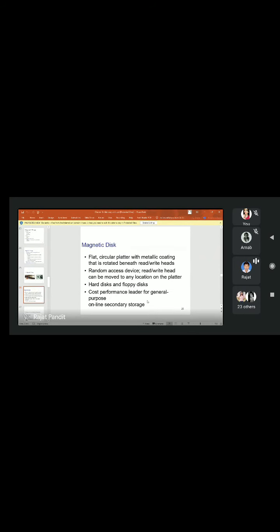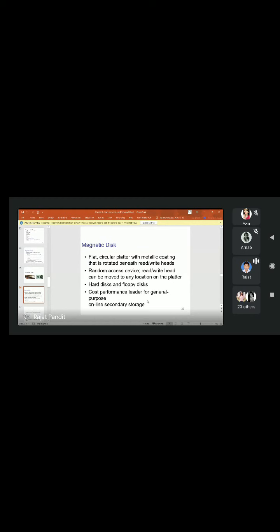Then the magnetic discs: a flat circular platter with metallic coating that rotates beneath read write heads. So I don't know whether you have seen, when we were students in primary school, we have seen this gramophone recorder. On any type of occasion, this recorder is played for music, right?